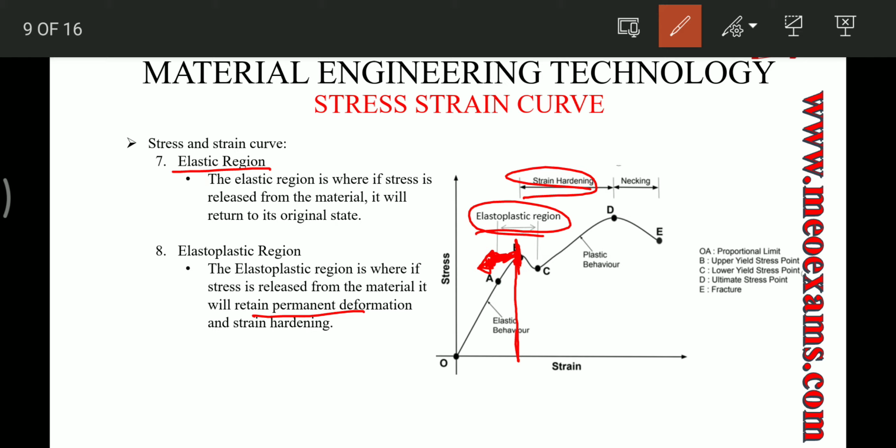This is actually the boundary between the elastic and the plastic region.